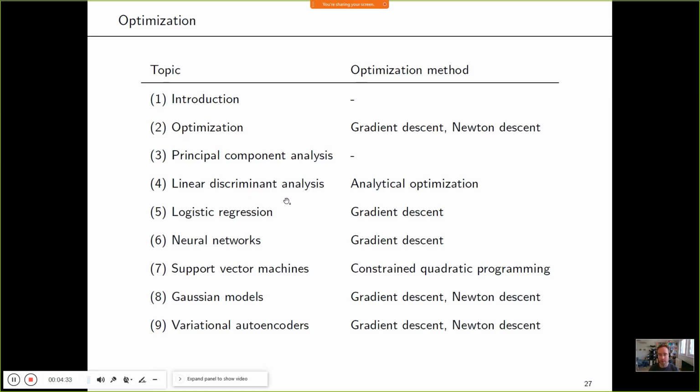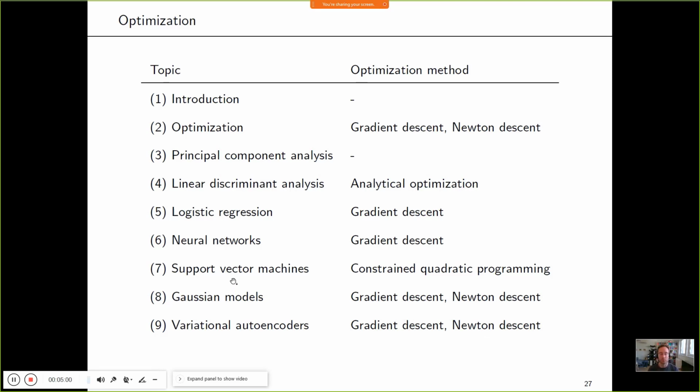And for example, in LDA, it will be quite similar to the GLM parameter optimization that we learned about. So this will be analytical. But then for logistic regression and neural networks, we will need gradient descent. For these Gaussian models and variational autoencoders, one usually can get quite far with gradient descent and Newton descent.